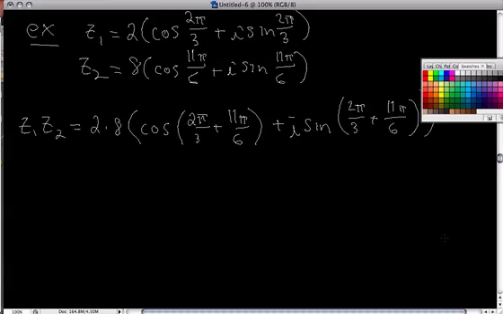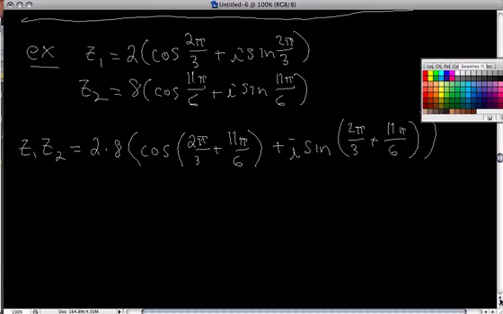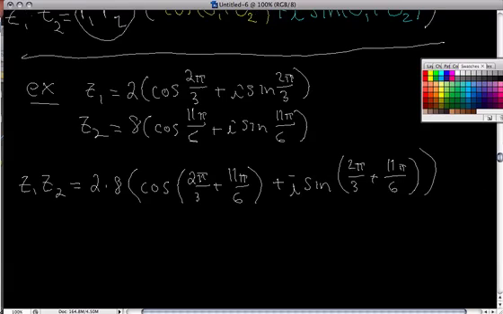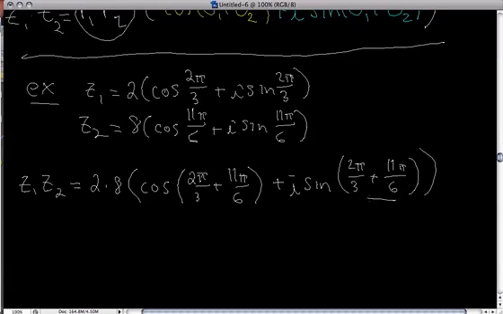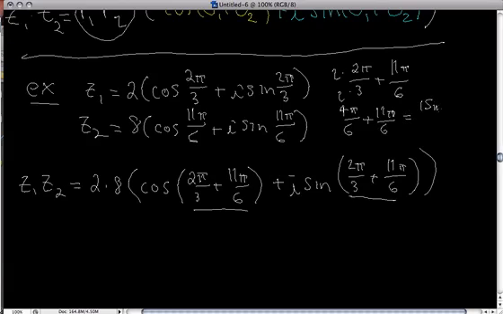So what I'm going to do is take the sum of these angles, 2 pi over 3 plus 11 pi over 6, that shows up twice like it always will. So let's go ahead and add those as a side problem. It's adding fractions, so common denominator: 4 pi over 6 plus 11 pi over 6 is 15 pi over 6, which reduces to 5 pi over 2.